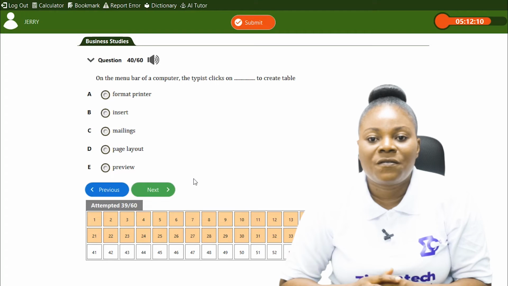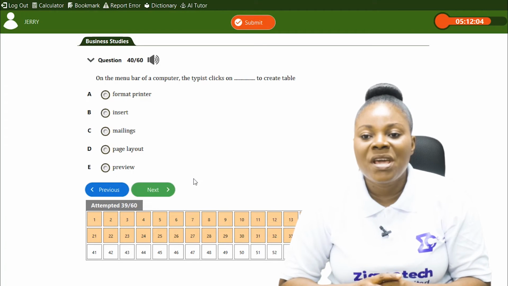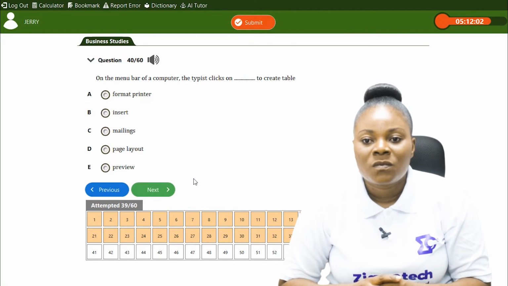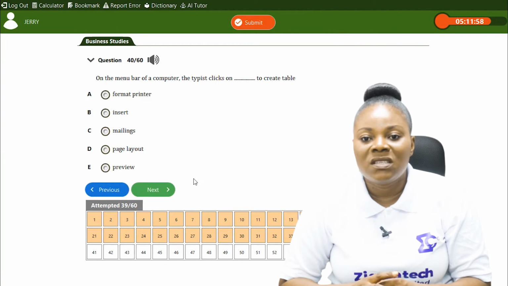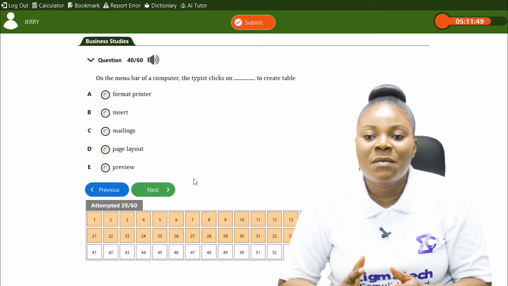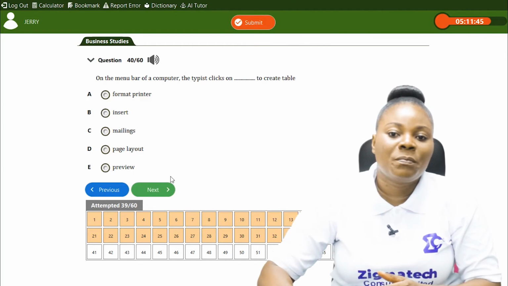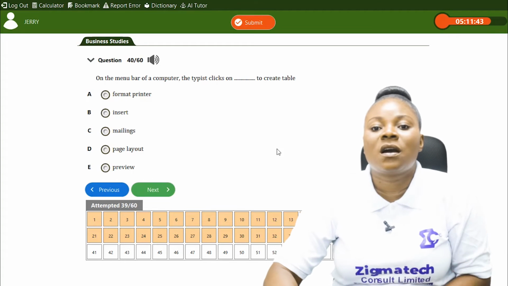The next question, 40, says, on the menu bar of a computer, the typist clicks on dash to create tables. Is it format printer, or insert, or mailings, or page layout, or preview? When you want to create tables using a computer, what menu bar are you expected to click on?